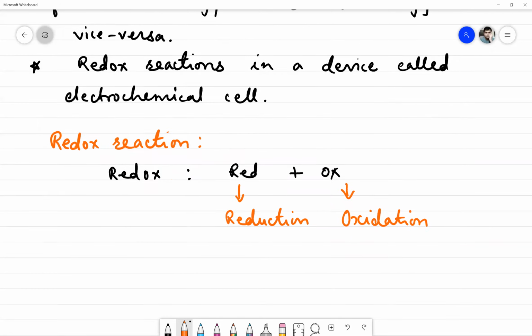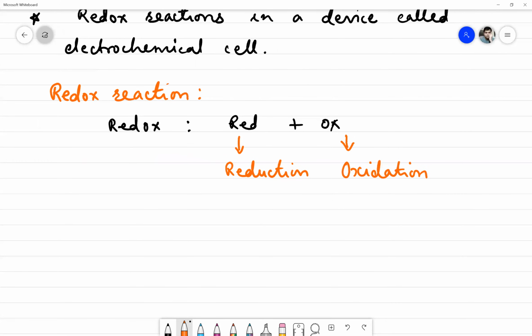Okay, so a redox reaction is actually the combination of reduction and oxidation reactions taking place simultaneously.